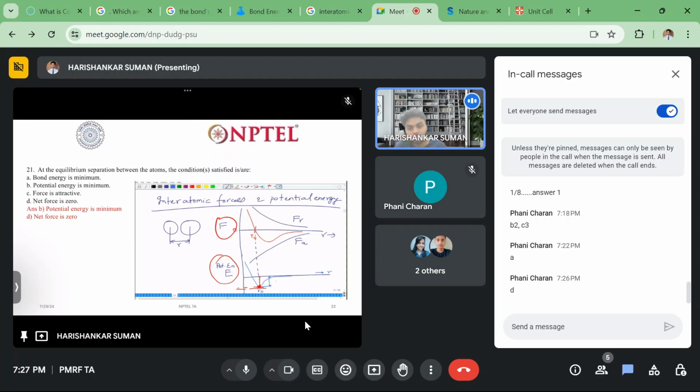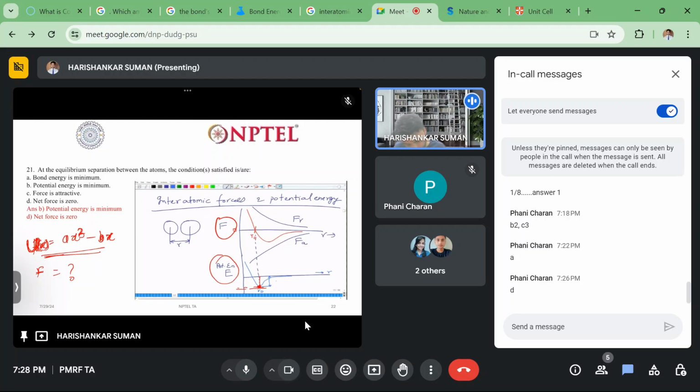Can you find the equilibrium? Let's say you have a function with ax square, ax cube, and bx. If you have such a potential energy function, please find the force.